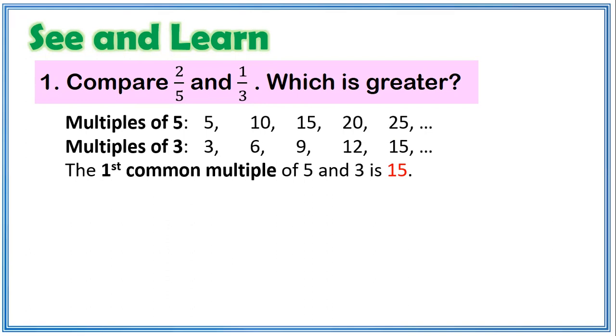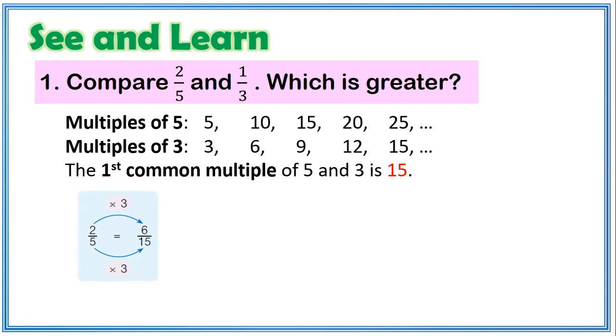It means the common denominator of 2 out of 5 and 1 out of 3 must be 15. So to make their denominators equal to 15, we need to multiply 2 out of 5 by 3 out of 3.